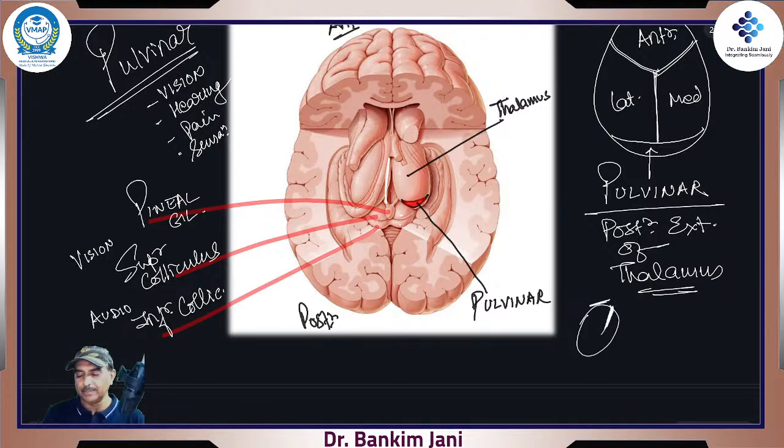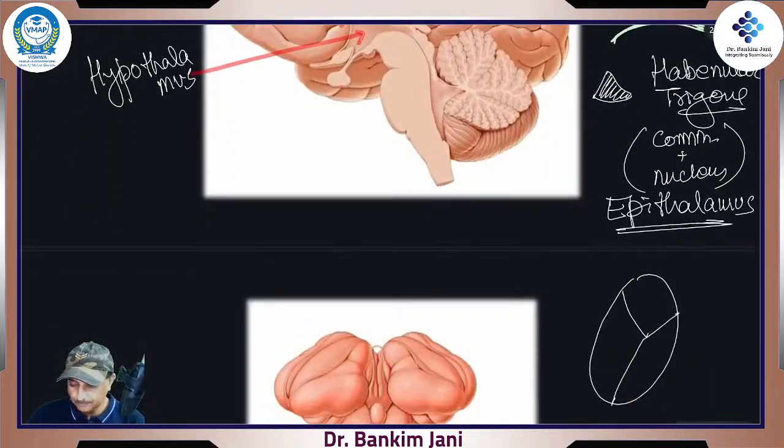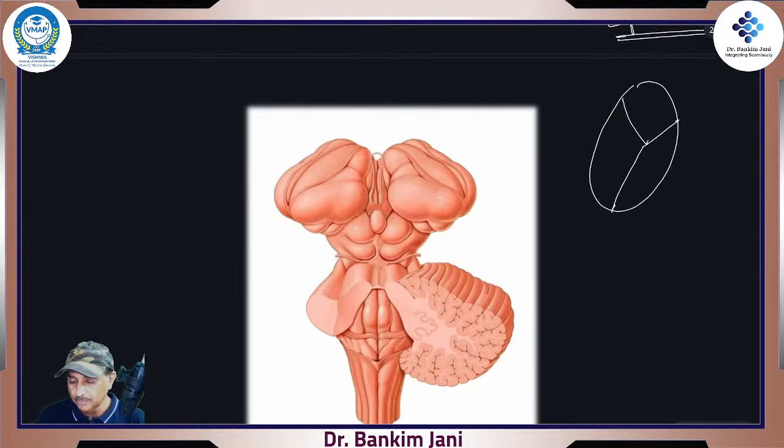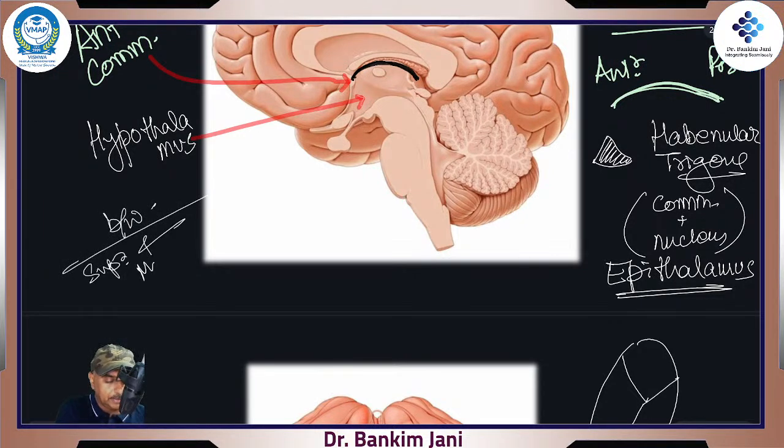That's how it will be traveling. So this stria medullaris is traveling between the superior and medial surface of the thalamus.